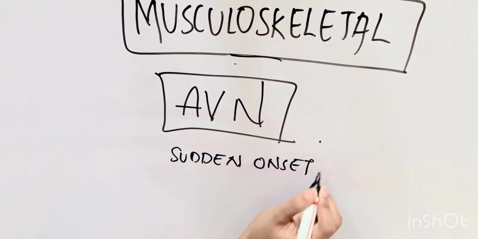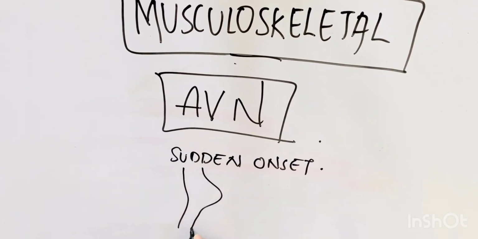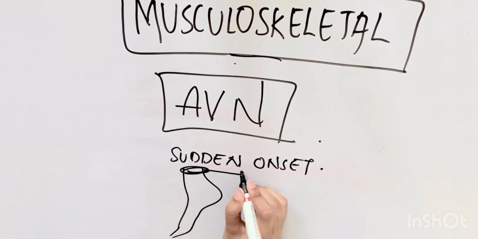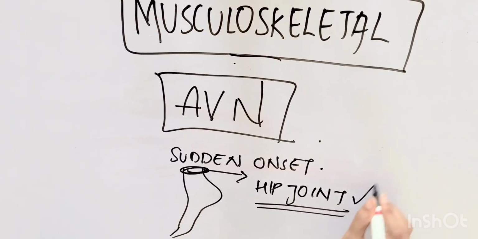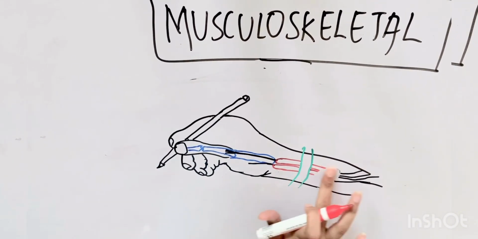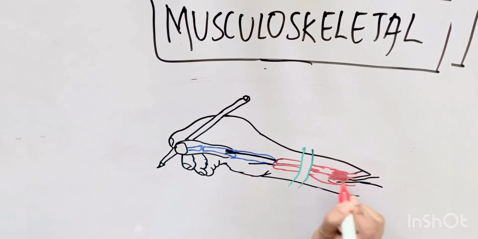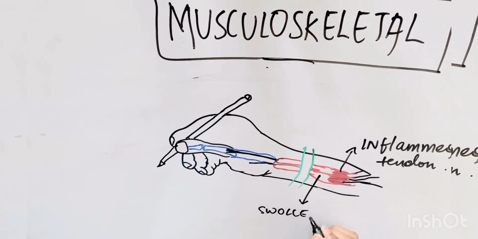You can easily know if the patient is suffering with avascular necrosis as it presents with sudden onset and persistent pain and swelling of the joints, mostly the hip joint and often bilaterally. The patient may even suffer with tenosynovitis where the tendon is inflamed, and it may lead to tendon rupture.